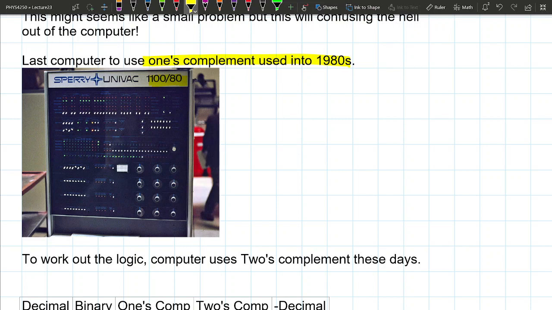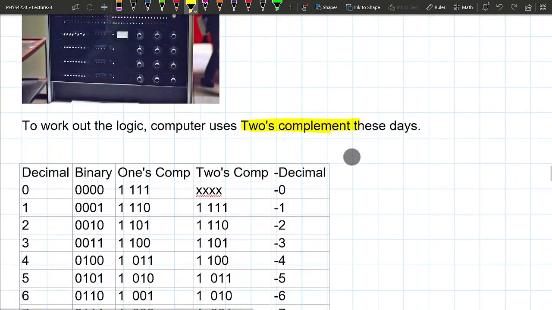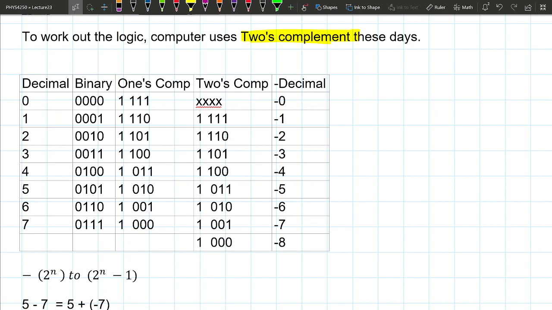But our computers, the ones we're sitting in front of, use this great idea called twos complement, and guess what that's going to be? The twos complement basically builds on the ones complement. This is the same table I showed you before, where you flip all the bits and then you get the negative number. So you still have a -0 here. In two's complement, you don't have a -0.